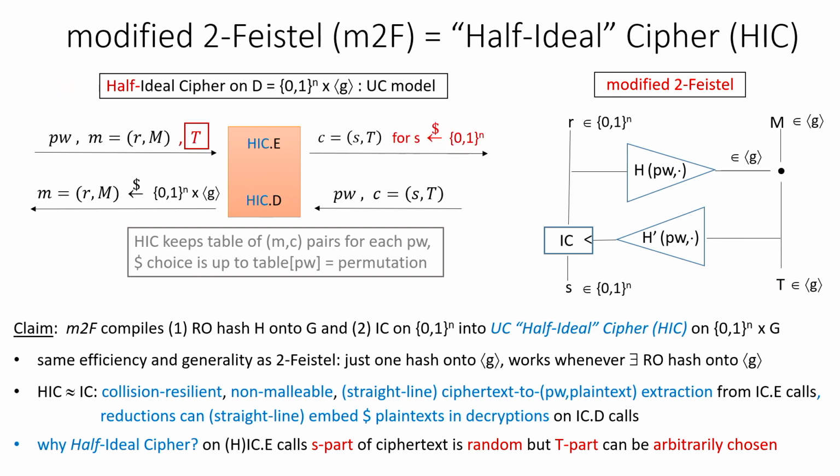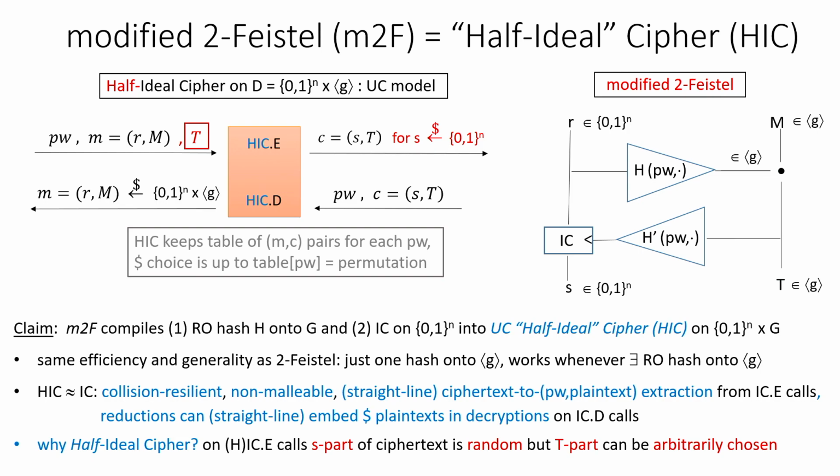And what is a half? It's this. It's the red addition. When accessing the half-ideal cipher, the adversary can specify what the T part of the ciphertext is, and only the S part of the ciphertext is chosen at random. And I would argue that if n is large enough, twice the security parameter, then it's also collision resilient.